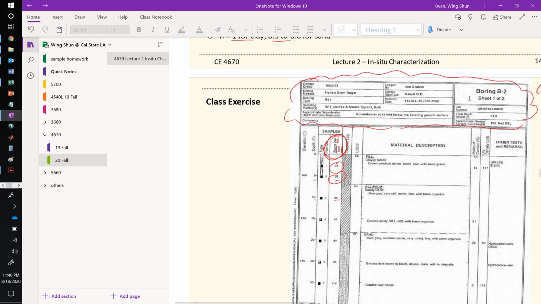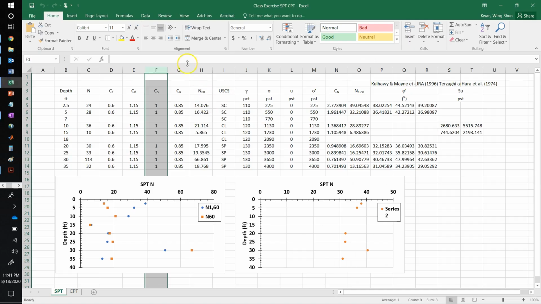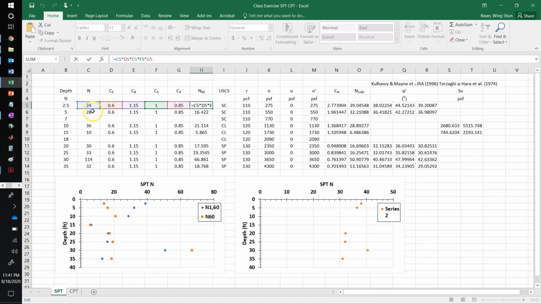Sometimes if you don't have information, you want to be a little bit conservative. So I pick 1 for C sub S, and also hopefully they talk about the rod length. If not, then we also need to make assumptions for the rod length correction, C sub R. And then N60 will be the multiplication of the SPT N with all those correction factors.